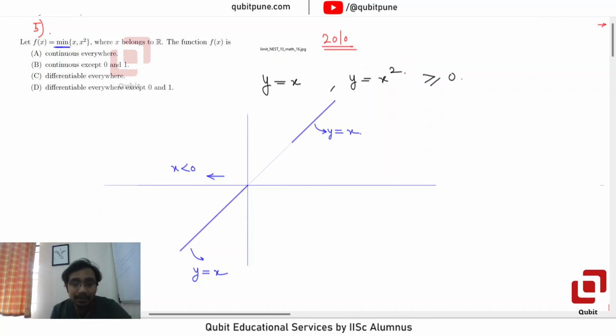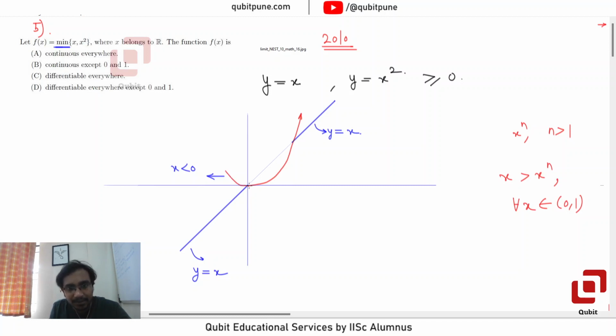But when it comes to y equal to x squared, I think I have told you this many times, that when n is greater than 1, then x always remains greater than x raised to n for all values of x in the open interval 0 and 1. So be it x cube, x squared, x raised to 1.1, all of them will be below that. So this will be the parabola.